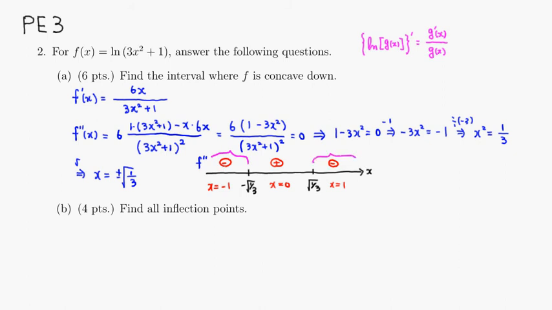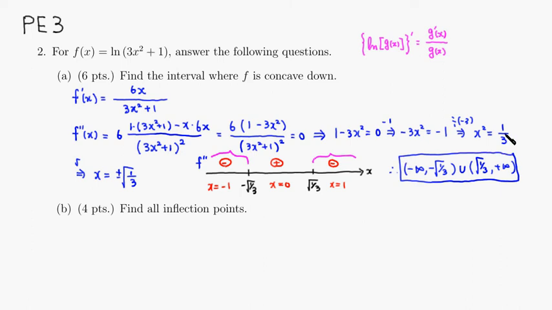Therefore, the interval we are looking for is from negative infinity to negative square root of 1/3, and also square root of 1/3 to positive infinity. That's the interval where f is concave down.